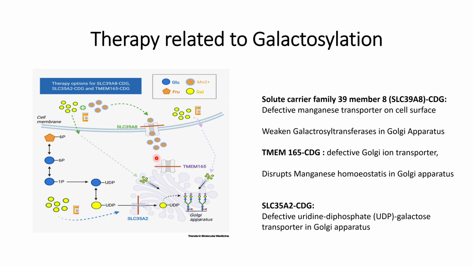Through this approach, they can compensate for the low manganese sulfate within the cells, and this manganese can interact with galactosyl transferase and perform normal galactosylation.